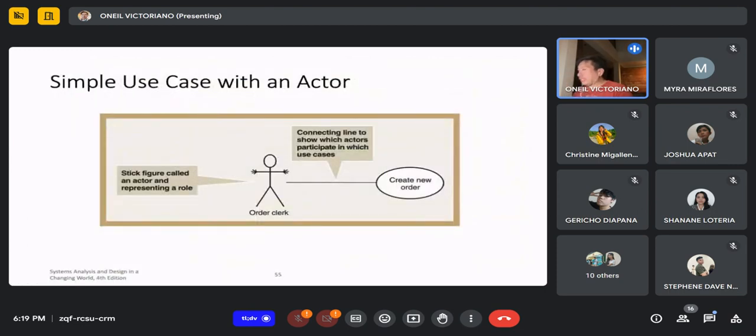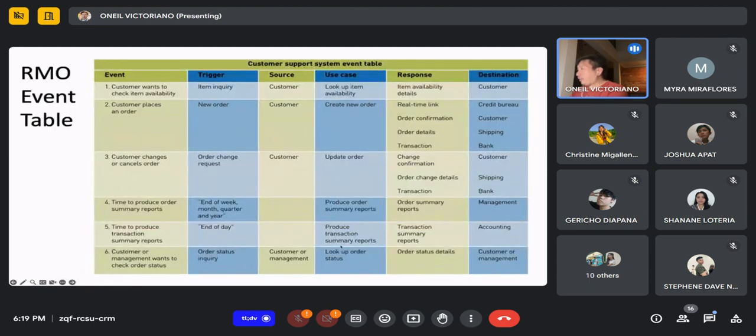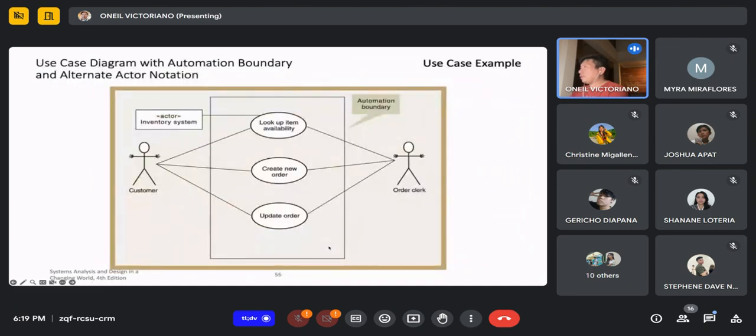And these use cases are depicted by the use case description and use case diagram. So we have the user, and then we have the use case. The use case is from the event table here. Another use case example has two actors doing the system process.